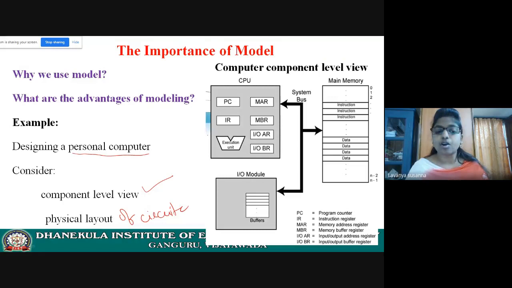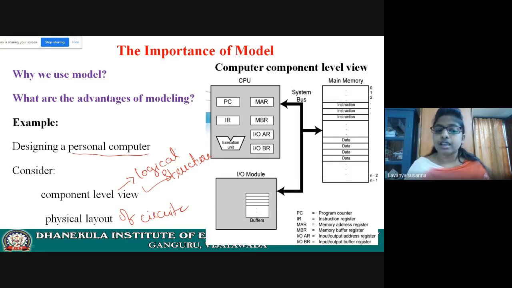Let us see the component level view. The component level view is a logical structure which helps you to understand what the components are and what the behavior of the components is.